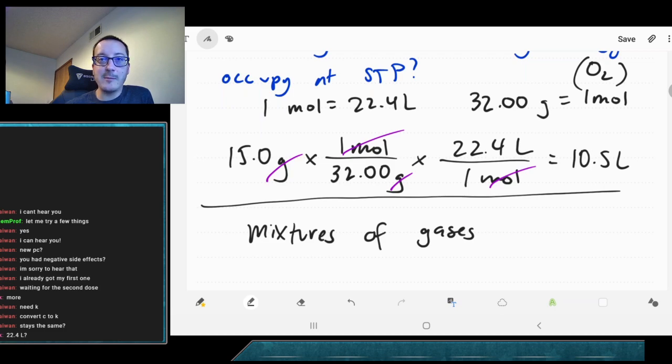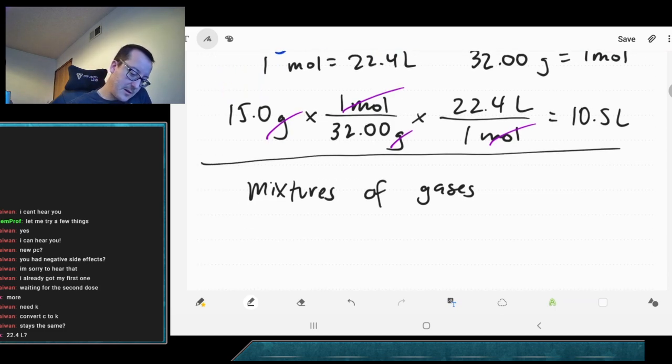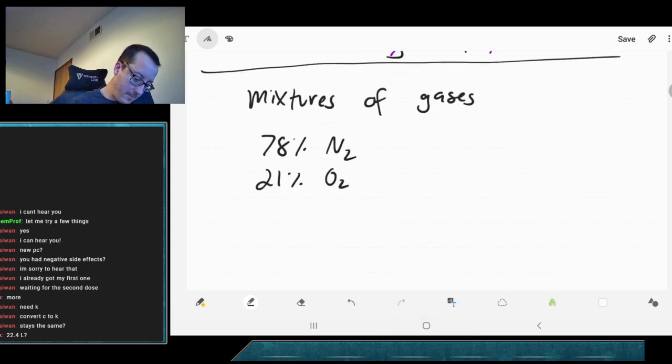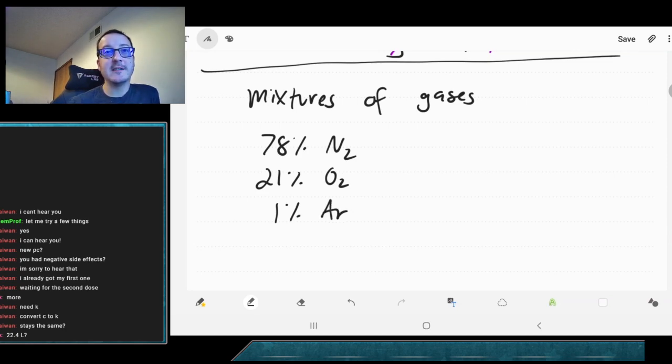I have a common gas mixture for us. Anybody know what this particular mixture is? Pretty commonly used in everyday life?